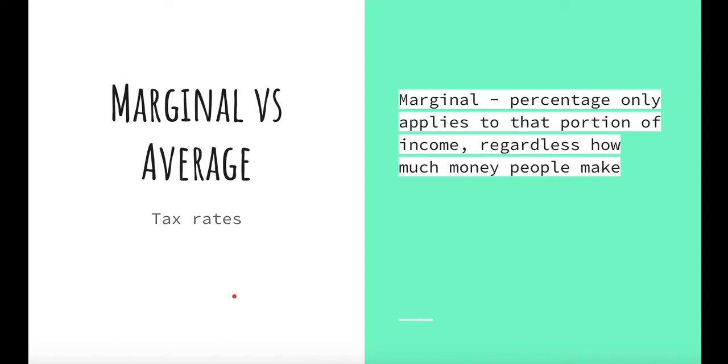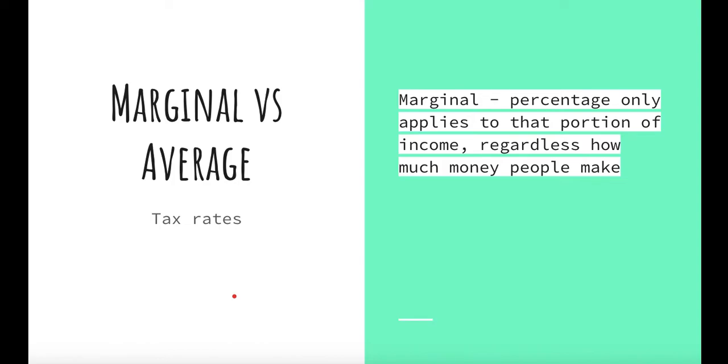In our income tax system, sometimes people will say, oh, if I earn more money, it's not worth it because I'm going to pay more tax. But that is never true in our system because we use what's called marginal rates and brackets. So essentially, on the first 10,000 of income, everyone pays 10%.